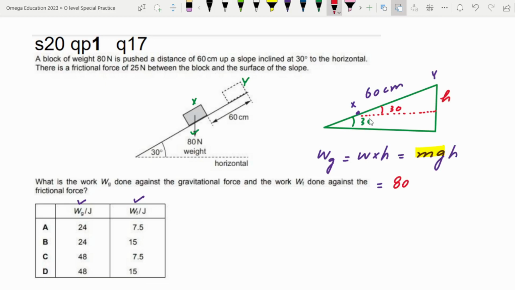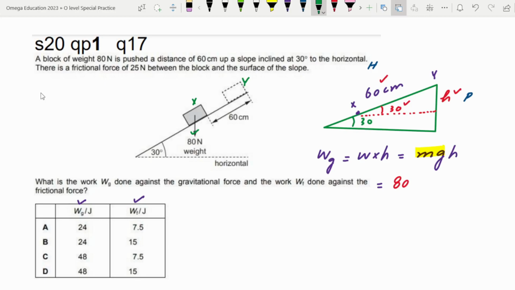If I know the hypotenuse and I know the angle, can I find the perpendicular? Yes. We don't even need the base.